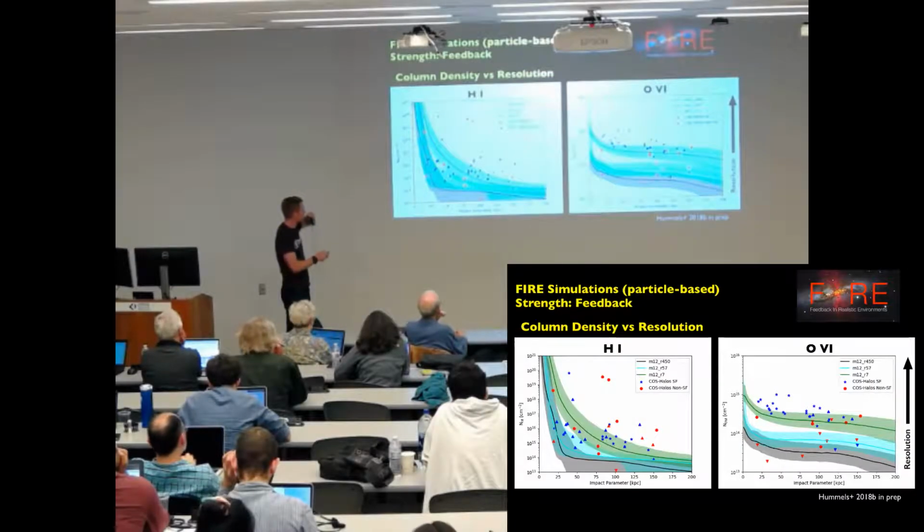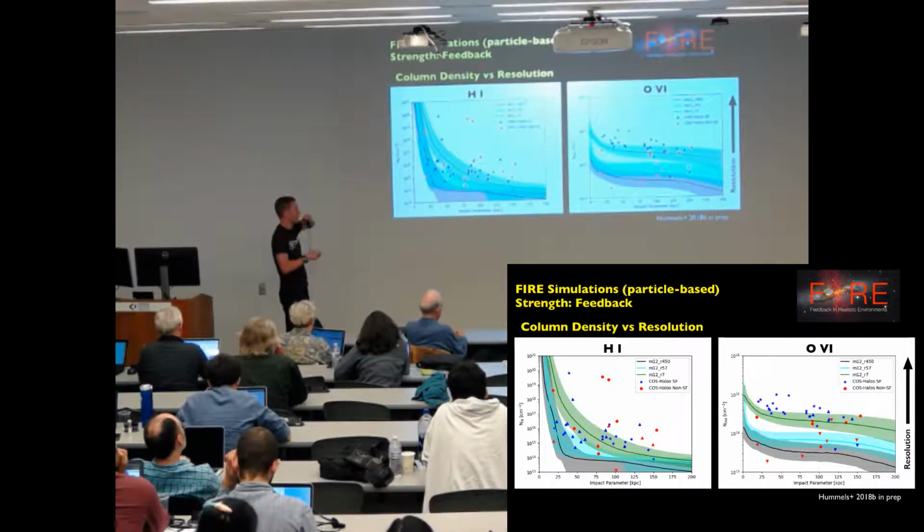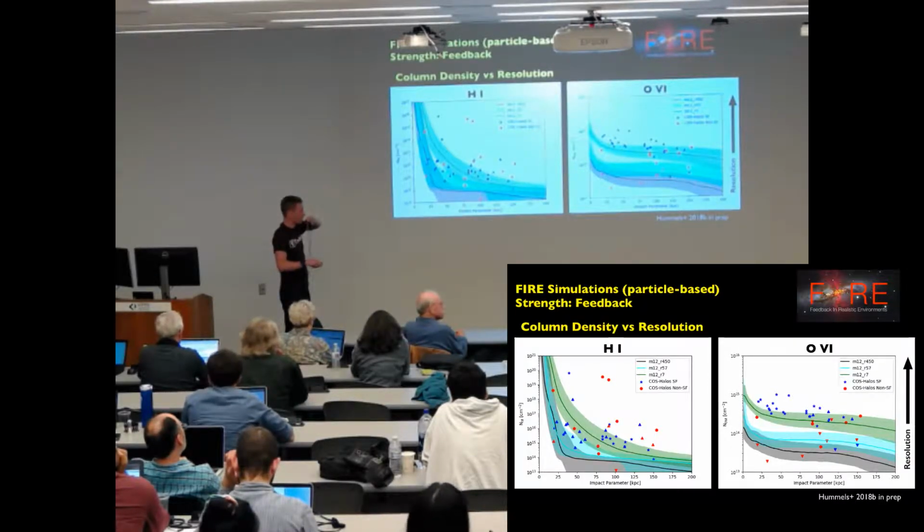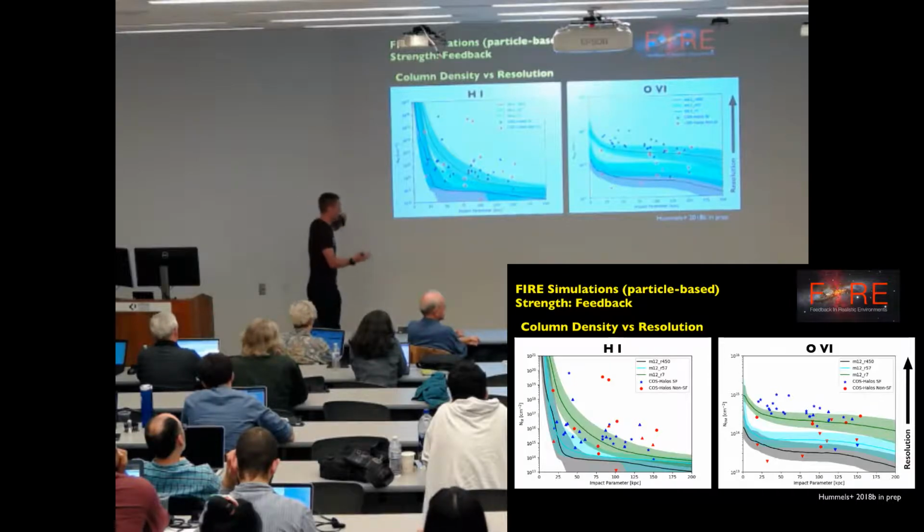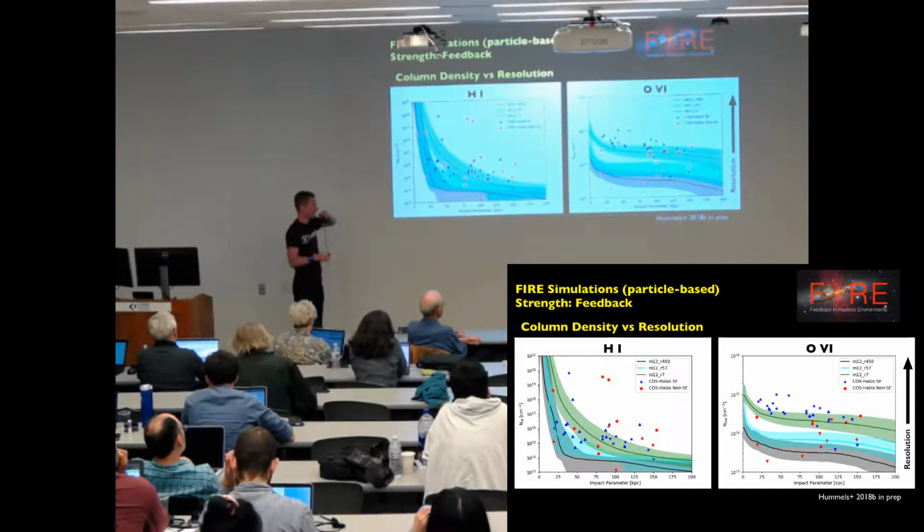So if you look at the effects of resolution, there have been a number of different FIRE runs at different resolution, and you can see low resolution, medium resolution, and high resolution. As we increase the resolution, we're effectively doing a better job of resolving the structure and increasing the overall column density of individual ions. Now, this looks like it doesn't converge.